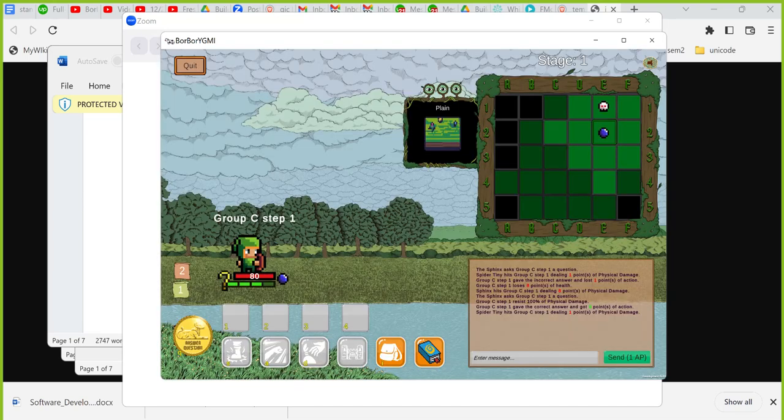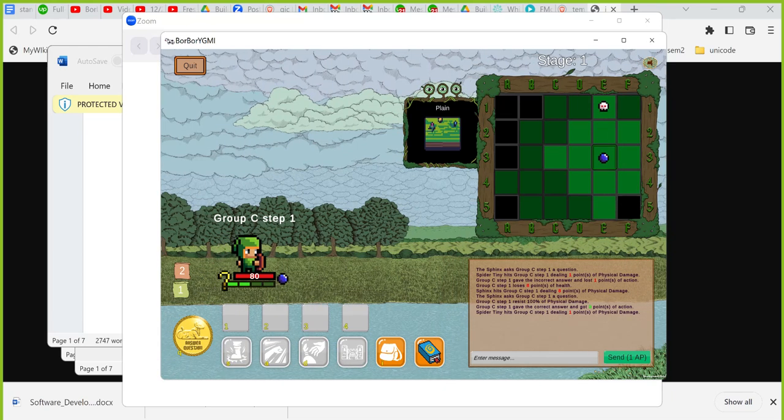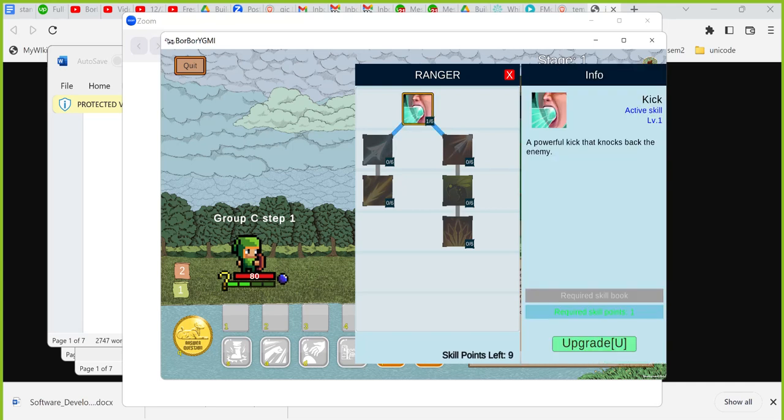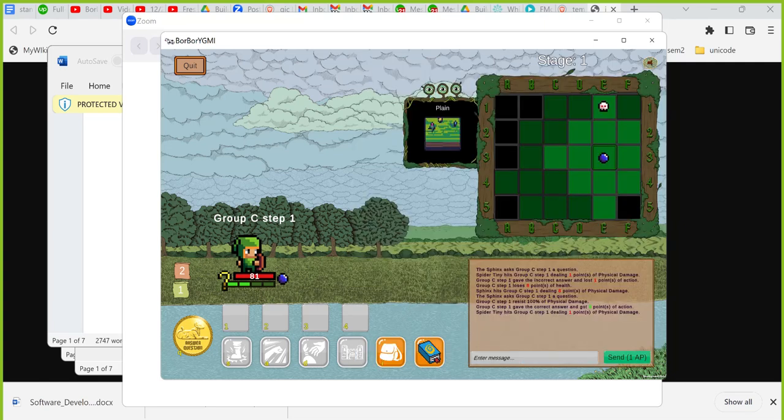So the spider's attacking us a little bit, so I'm gonna use some of our action points. I'm gonna move away from him so that I can attack, because my attacks are almost all, I'm gonna spend some skill points and make sure that we have enough damage here. So this is a skill tree that you would give to your character. This would be multiplayer, so you'd be playing with other players.